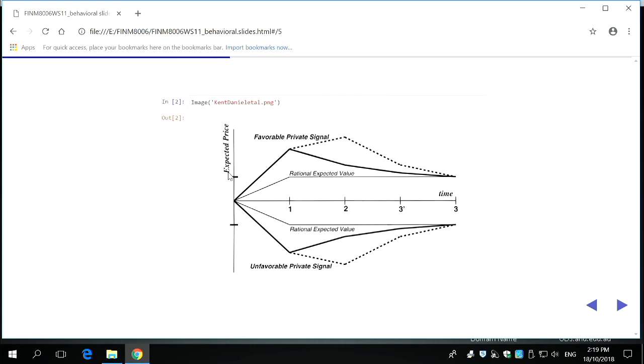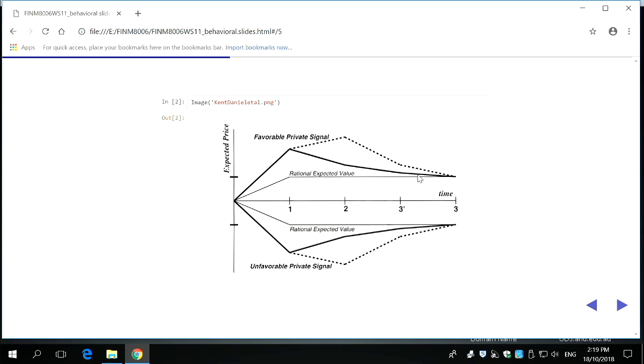To put it into perspective, start with time zero. The rational expectation theory, given a positive shock of news to the price, is that it should jump up and then stay the same.